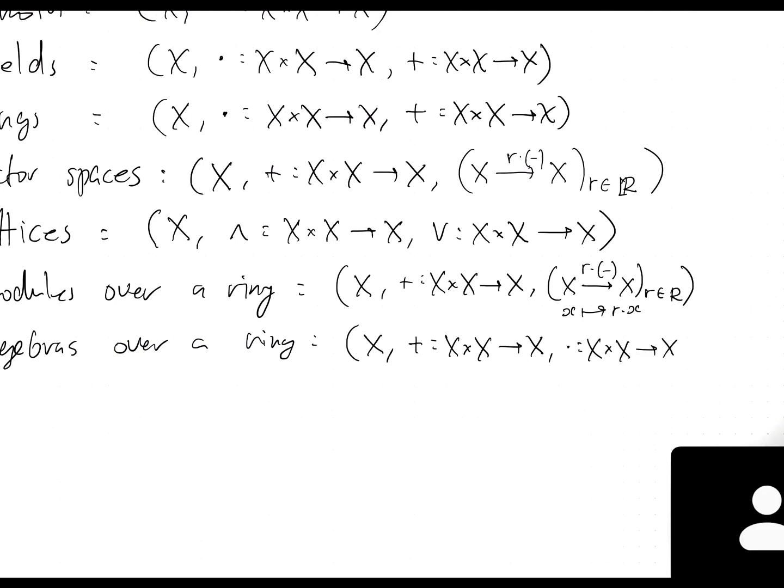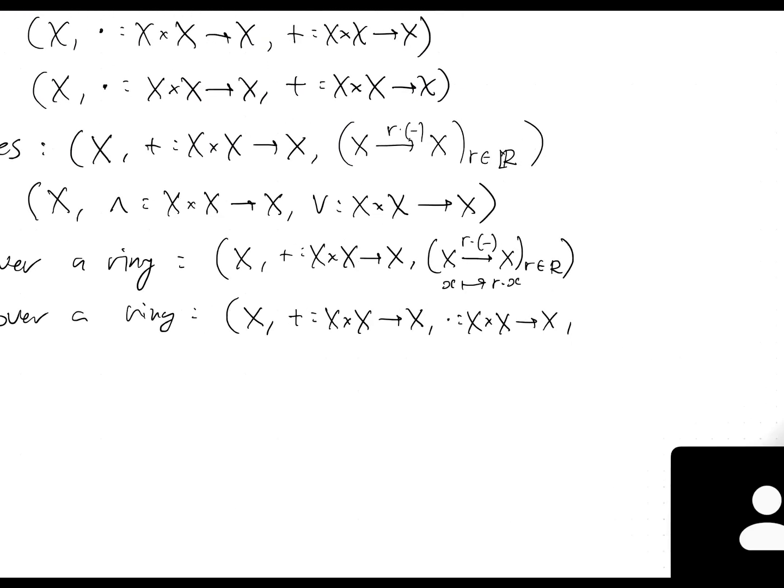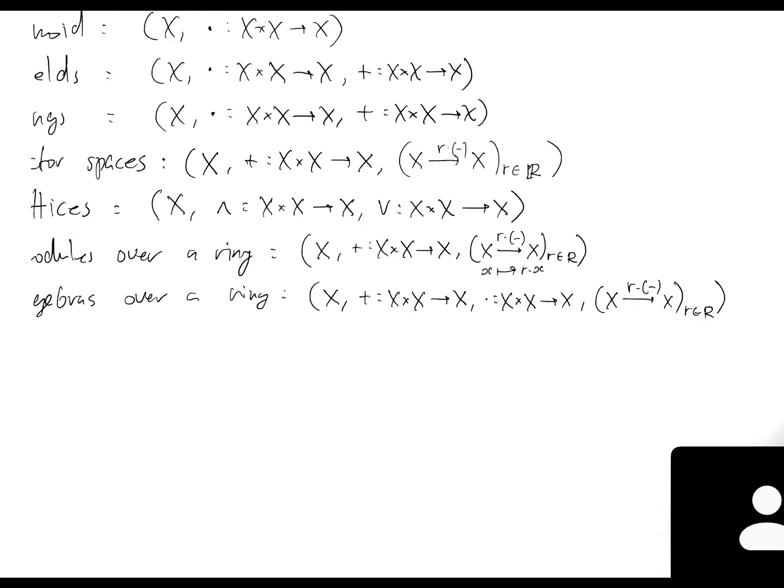So these two will actually make it into a ring. And then there is still a module structure given by this family of unary operations. So R is now my ring over which I have an algebra.